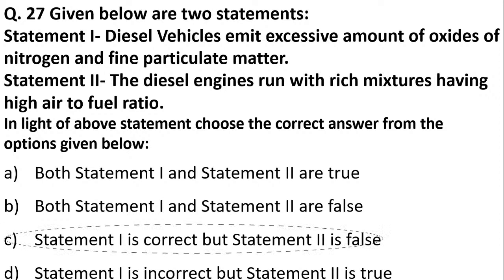So here the first statement is true. Diesel vehicles emit a large amount of oxides of nitrogen and fine particulate matter. Diesel engines run with rich mixtures having high air to fuel ratio, no, this statement is false. So the right answer is option C.